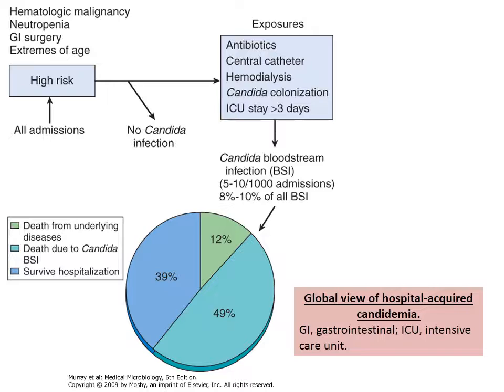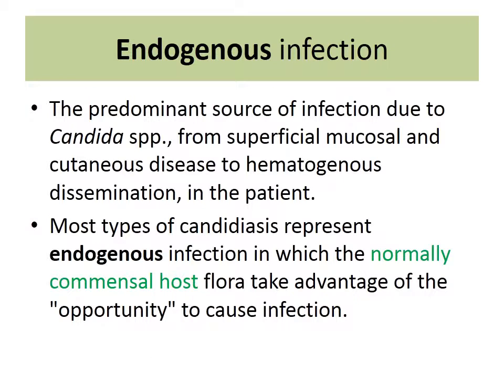And if you look at the bloodstream infection, you can see 49% as compared to 39 and 12. Not only that, it is even causing death, death due to Candida bloodstream infection. This used to be rare, but you see that now the statistics are coming up. What do we mean by endogenous infection?